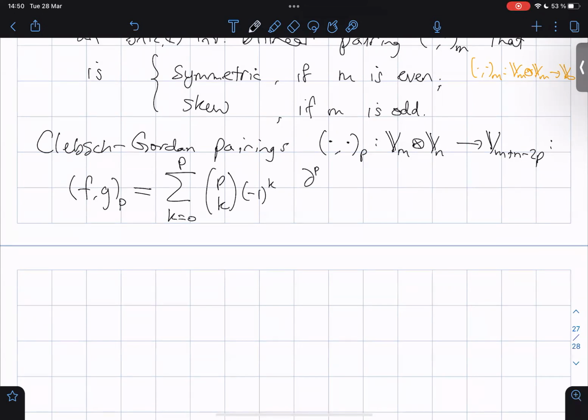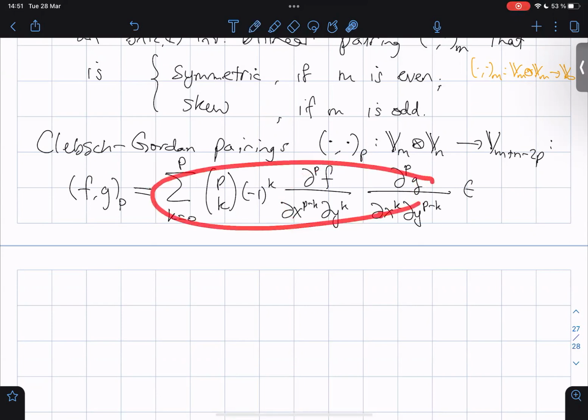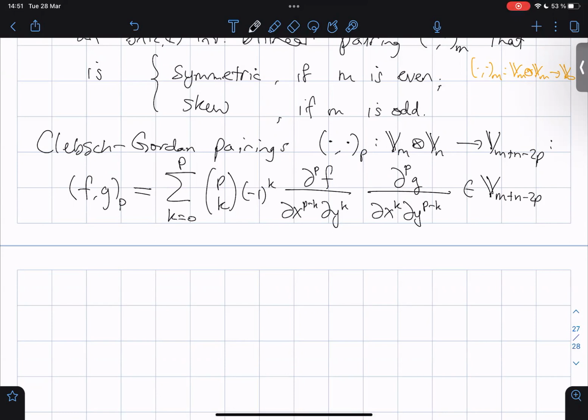What I'm going to do is differentiate F P minus K times with respect to X, K times with respect to Y, and then the opposite for G: K times with respect to X, P minus K times with respect to Y. Then multiply those two results together, take this linear combination, and the claim is that this is going to be a symmetric polynomial in X and Y of degree M plus N minus 2P.